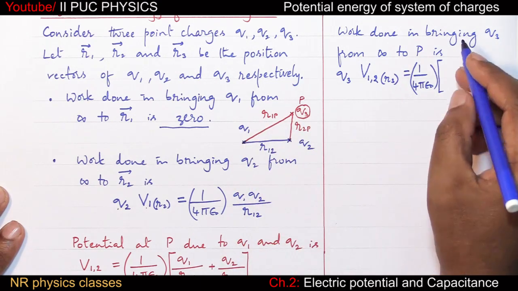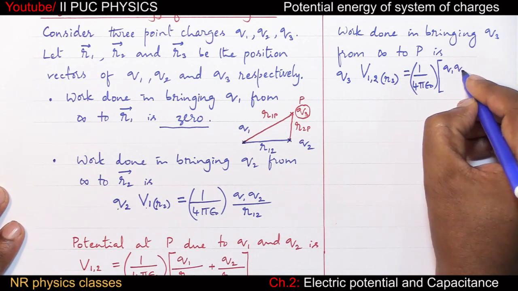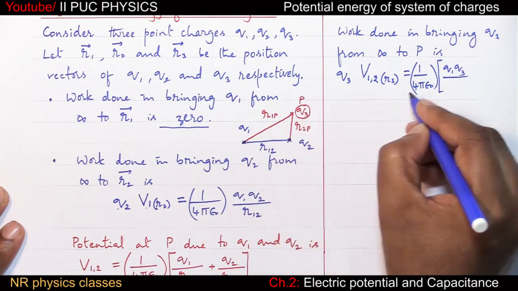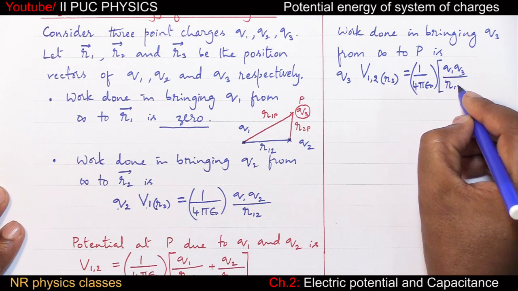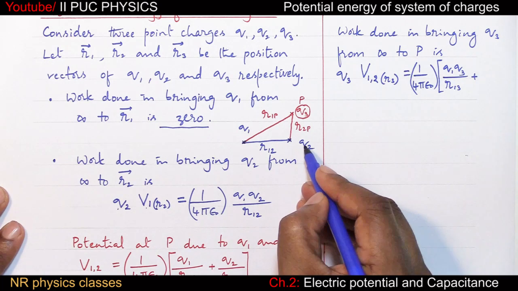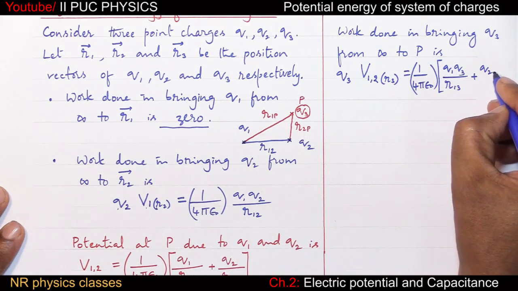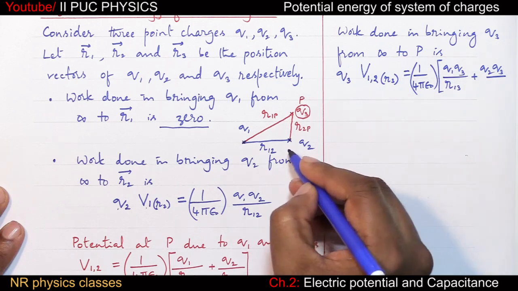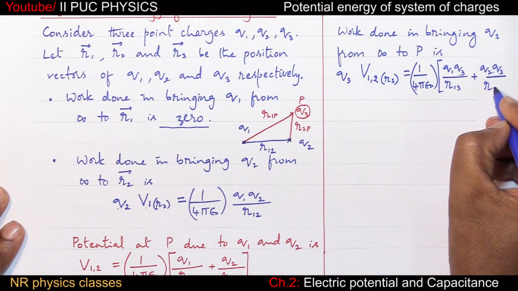It equals 1 by 4 pi epsilon naught, Q1 Q3 by distance between these two, R13, plus Q2 Q3 by distance between these two, R23.